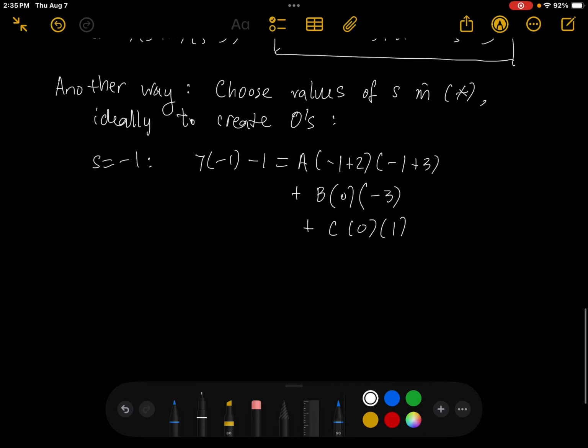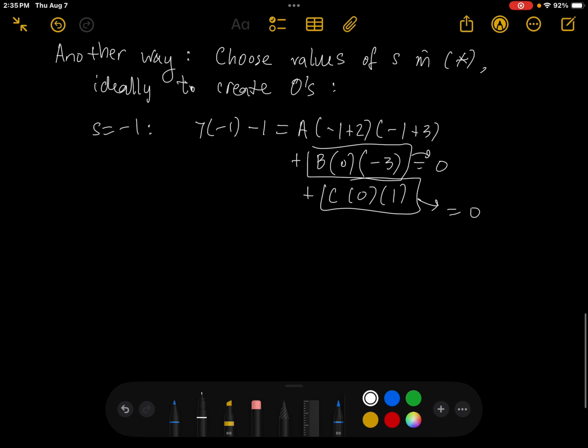That thing is equal to 0, and this thing is also equal to 0. So on the left, you get negative 8. And on the right, you're going to get A times 1 times 2.